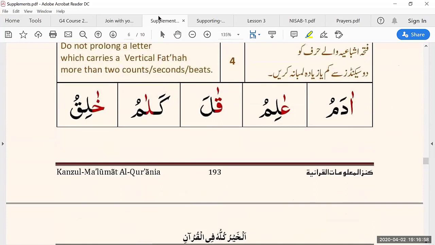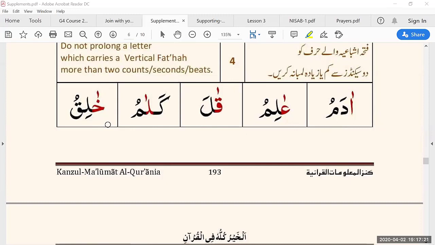أعوذ بالله من الشيطان الرجيم بسم الله الرحمن الرحيم آدم عالم قال كلام خالق. Okay, L239, is that right? Yes.